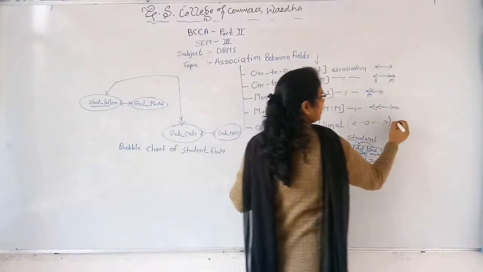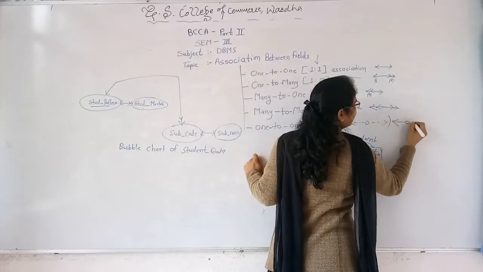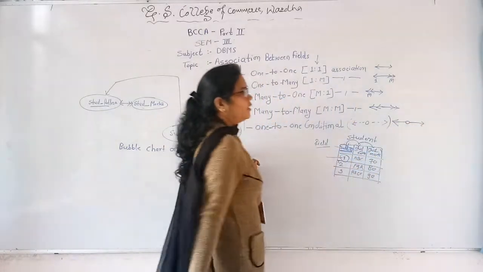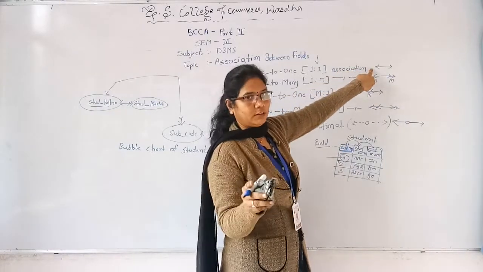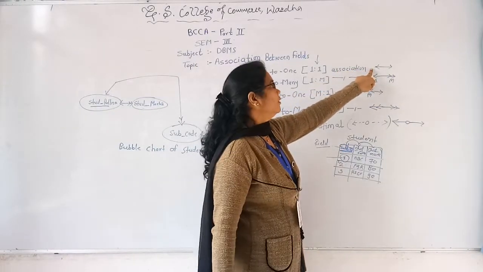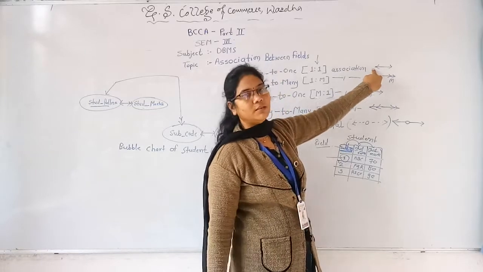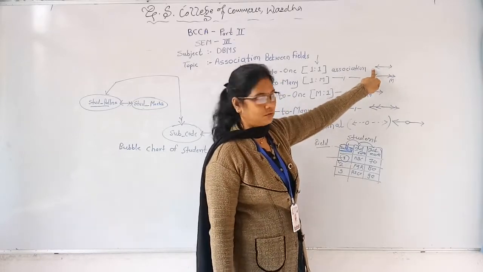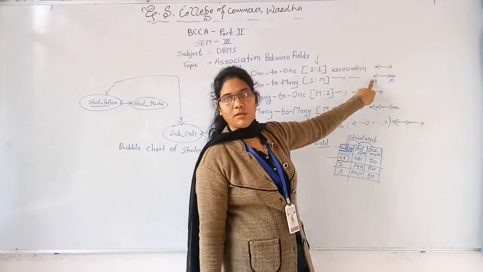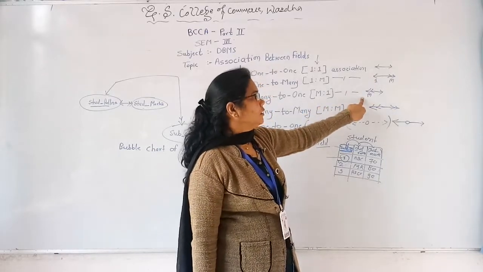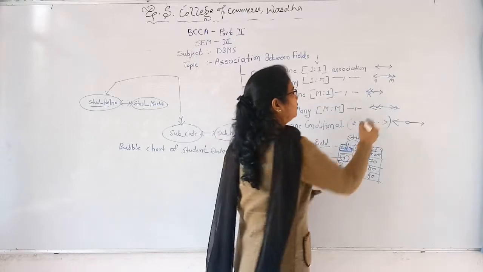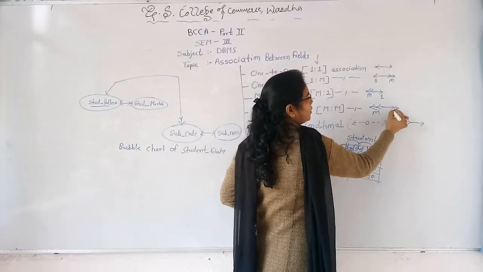Next one is many to many, like this. Then conditional, we can use the conditional representation like this. When we connect our two attributes with this symbol, it is 1:1 association. With this symbol, it is 1:many association. This one is many to 1, and this one is many to many.